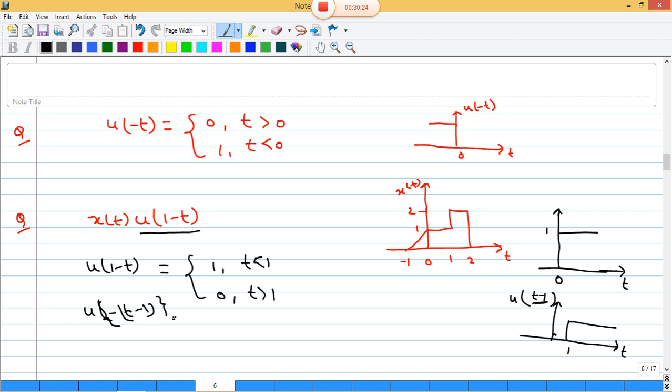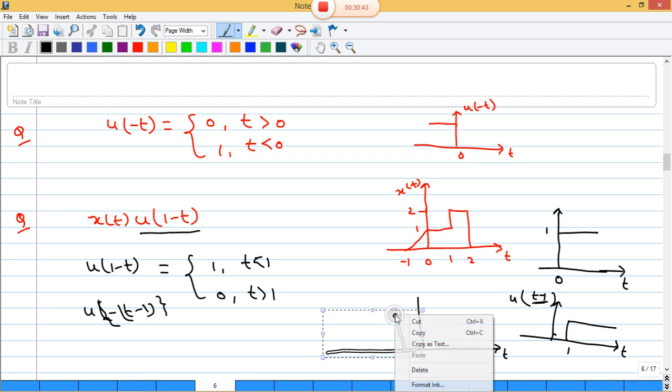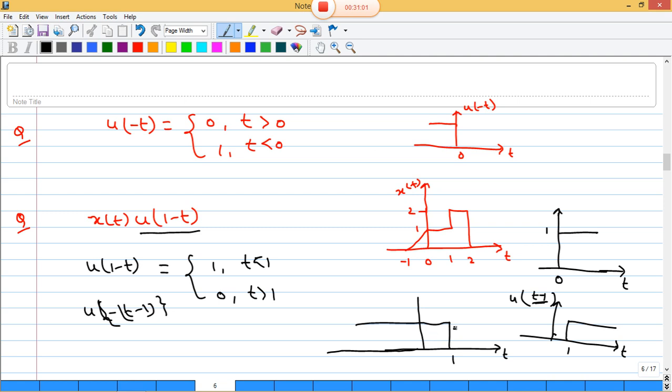Minus of t minus 1 means it will be the mirror image along the y axis. So our original signal will become this much.